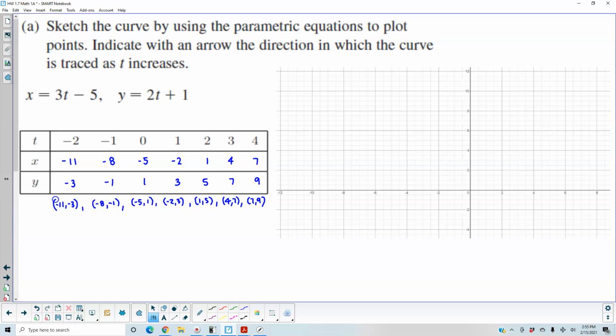So we have negative 11 and negative 3. Negative 8 and negative 1. Negative 5 and positive 1. Negative 2 and positive 3.